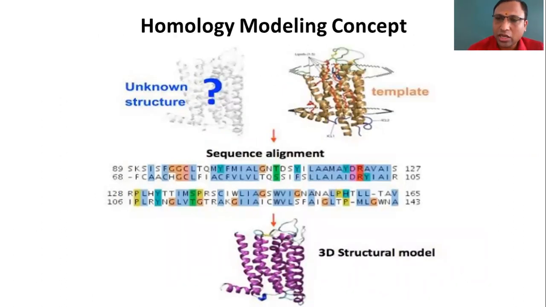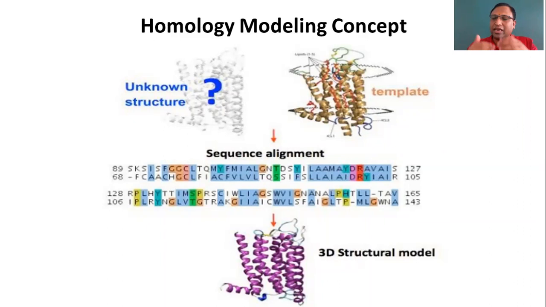So as we have said the concept of the homology model, what we are doing here is we are taking our unknown sequence. With that, we are having a template. Based on that, the sequence is already there with our unknown sequence and the template sequence, so that we are comparing.